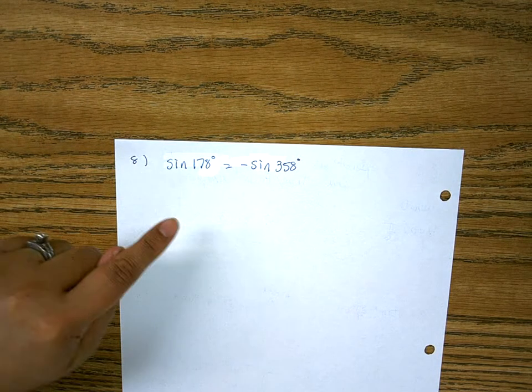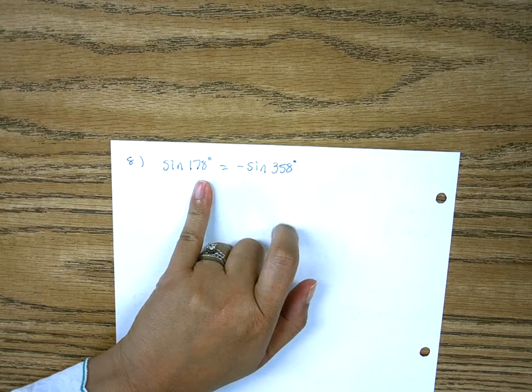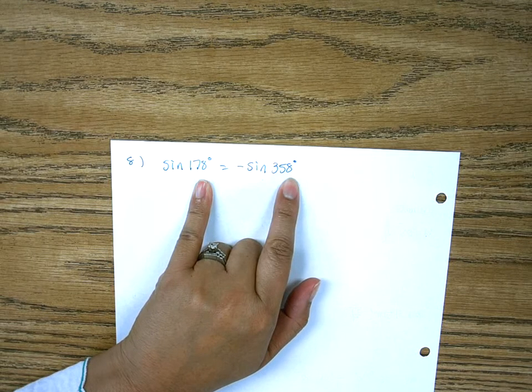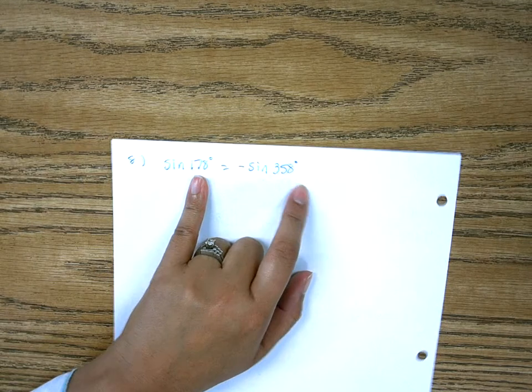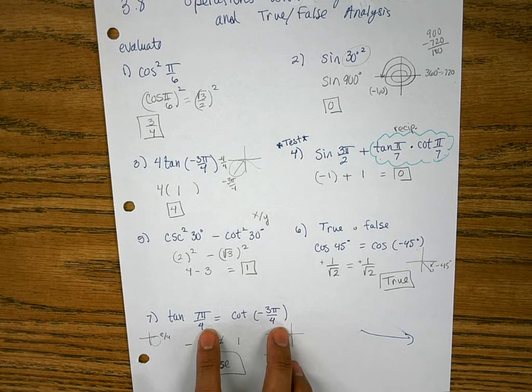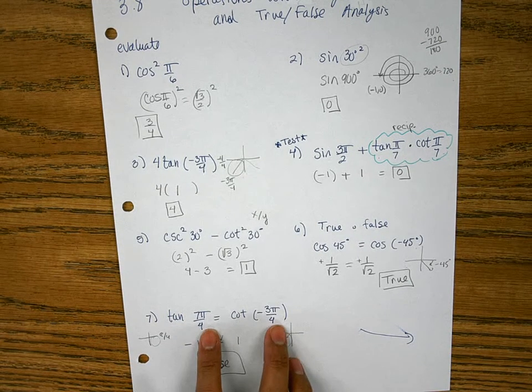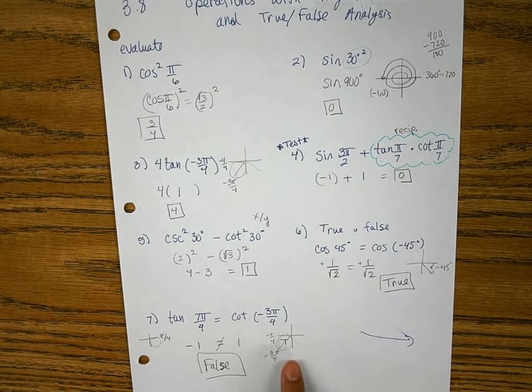Okay, the most common thing for kids to do on this problem is say, oh, it's false, because, well, they're both sine, but that one's positive, that one's negative, and that's 178 and that's 358. There's no way those are going to equal. They're two different angles. But remember, here, these were two different angles. 7 pi over 4 and negative 3 pi over 4 were two different angles.